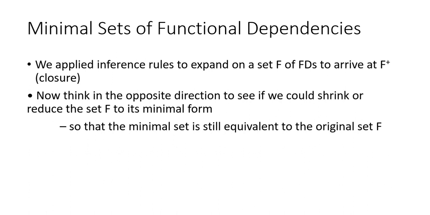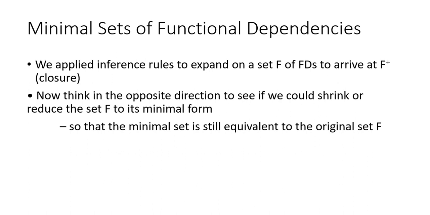Now we think in the opposite direction to see if we could shrink or reduce the set F to its minimal form. That is just the opposite of the closure, which is an expansion of the original set of functional dependencies. Now we are trying to shrink or reduce the set F to its minimal form. What is the purpose of doing this?